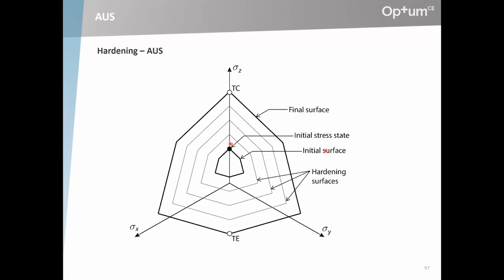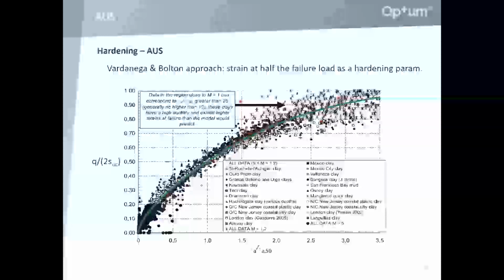So we have an initial yield surface that then hardens, that expands in response to shear straining, out to a final or ultimate yield, or you can call it failure surface. And the hardening law, well, we have looked quite carefully at the work of Danica and Bolton, who have done some interesting work.